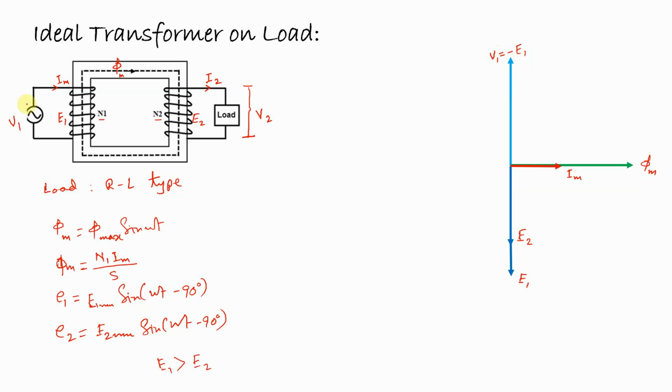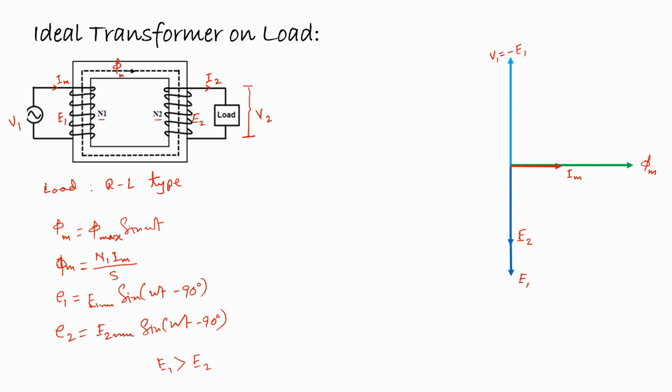Because at ideal condition there are no losses, so the supply voltage will be equal but opposite of the induced EMF in the primary side. So as it is E1, its equal and opposite value will be V1. Till now, we have seen the same phasor diagram as for the no load condition of the ideal transformer.